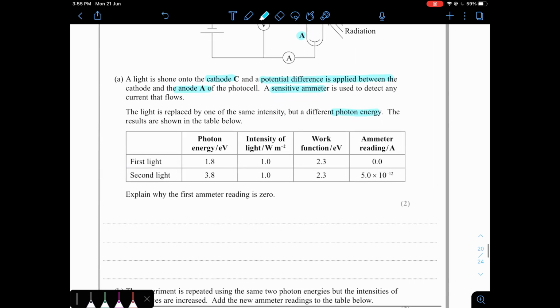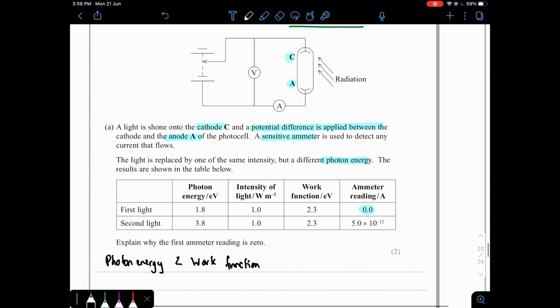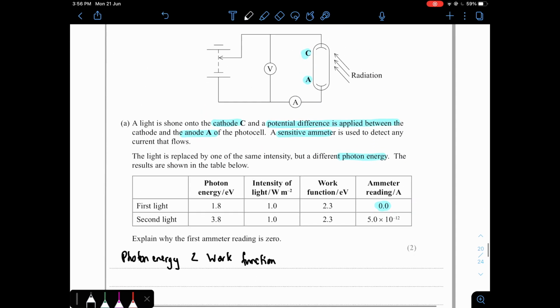They're asking us, so explain why the first ammeter reading is 0. The first ammeter reading over here is 0. Now, it's very important that we remember that if the photon energy is less than the work function, right? What happens then? If the photon energy is less than the work function, in this case of lithium, what happens?